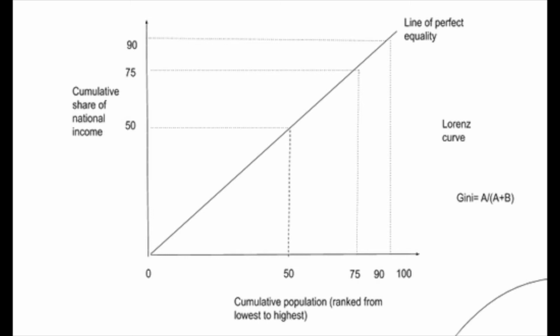So income here is perfectly distributed. In other words, the poorest percentage of the population will have the exact share of national income as the richest proportion of the population. This means that income in this society is perfectly distributed, therefore depicting a society with perfect equality.